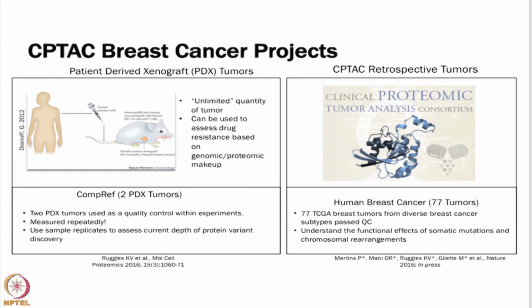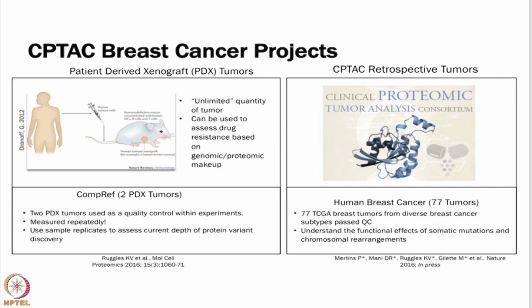So these are tumors that are injected into immunodeficient mice, and they're able to grow on these mice. This is a very cool system because you can have many, many mice that have the same tumor, and you can treat them with different things, or you can just grow lots and lots of the same tumor for all sorts of different QC experiments, or just to better understand that tumor.